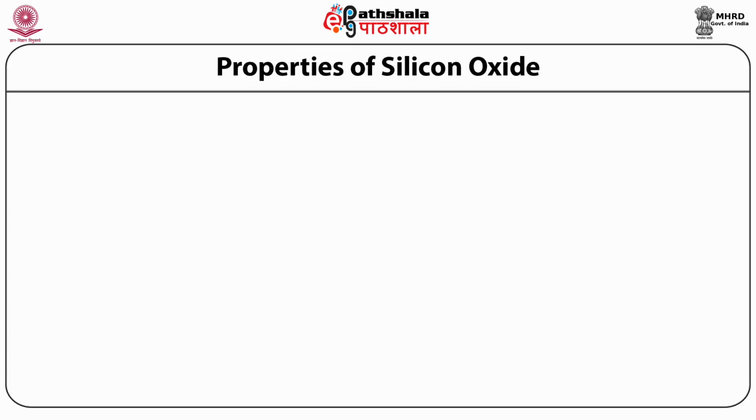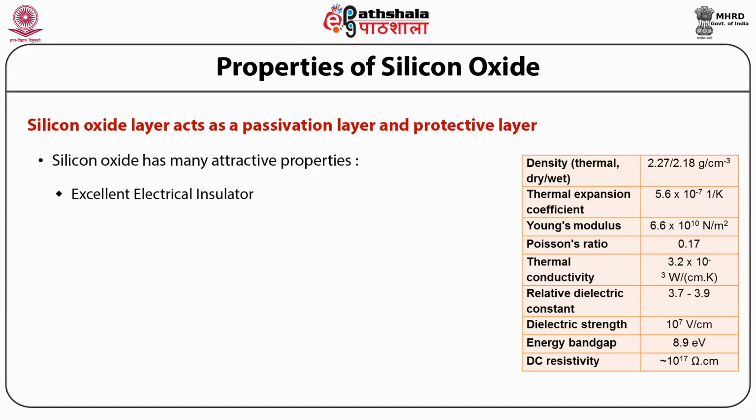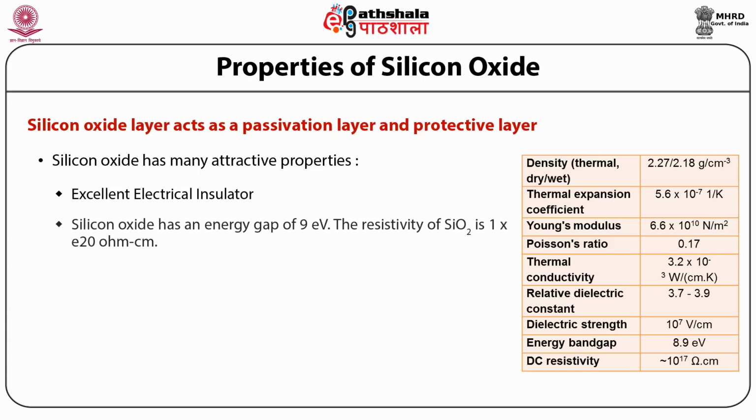Let us now discuss the properties of silicon oxide. As discussed earlier, the silicon oxide layer acts as a passivation layer and a protective layer. Silicon oxide has many attractive properties. First, it is an excellent electrical insulator, that is, it has an energy gap of 9 electron volt and resistivity of around 1 multiplied by 10 to the power 20 ohm centimeter.